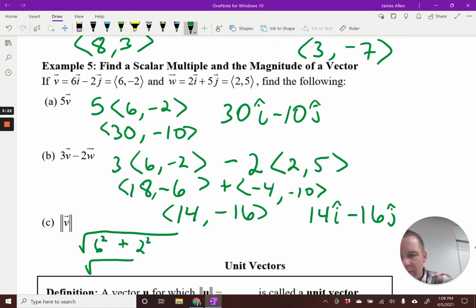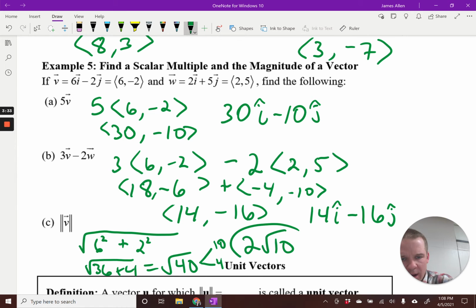So I have 36 plus 4. That gives me 40. When I break that down, that's 4 and 10, so that'd be 2 root 10. Again, you could write negative 2 in parentheses, but knowing that it's going to be positive 4, that's really what matters.